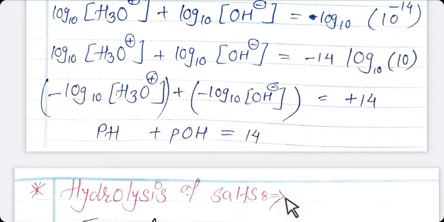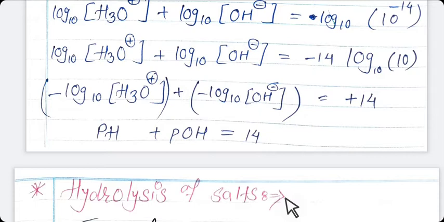In acidic solution there is excess of H3O+ ion, or you can say concentration of hydronium ion is greater than concentration of hydroxyl ion.